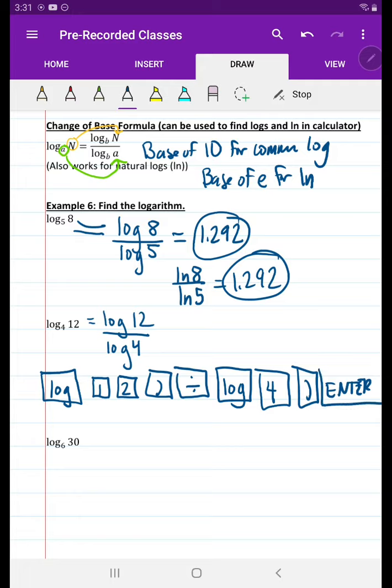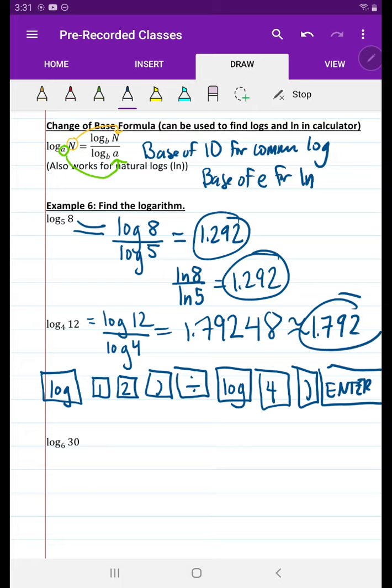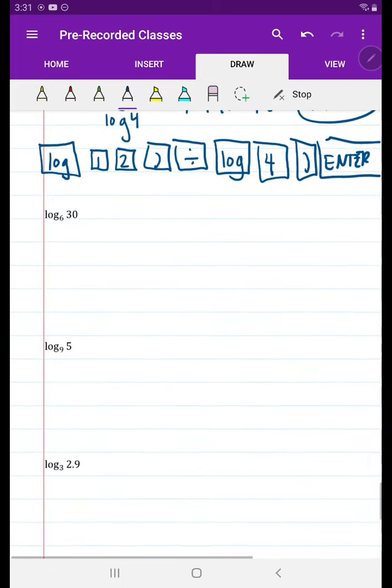So be careful with those parentheses. The answer you should get is 1.79248, which we'll round to 1.792. That's good enough.